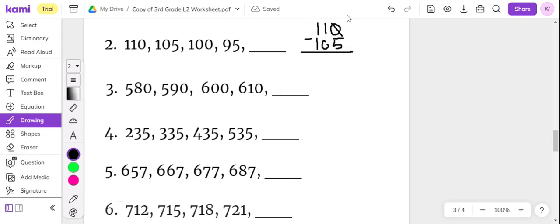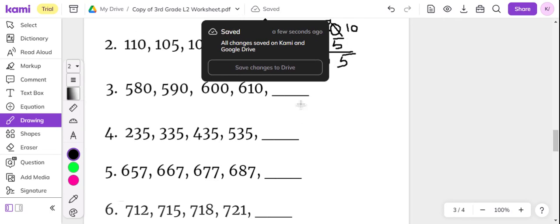Alright, so if we just do the borrowing, 5 and then 0, and then this also goes to 0, that means we have 5.